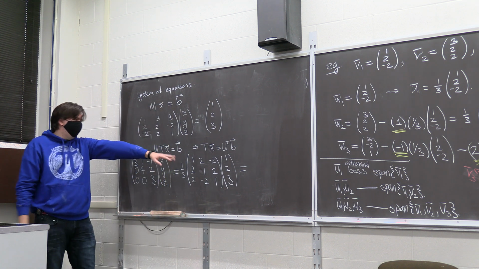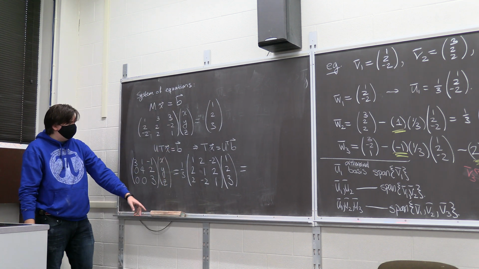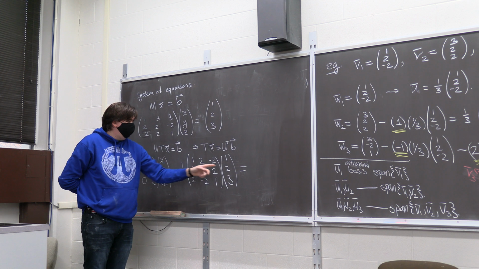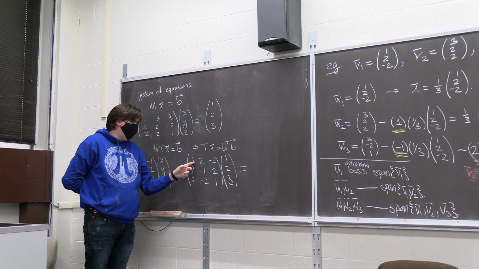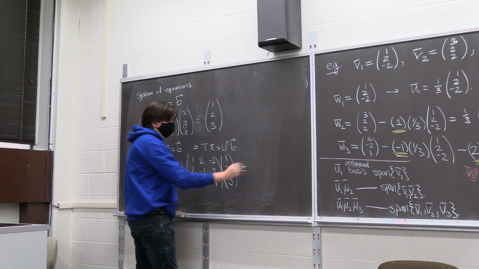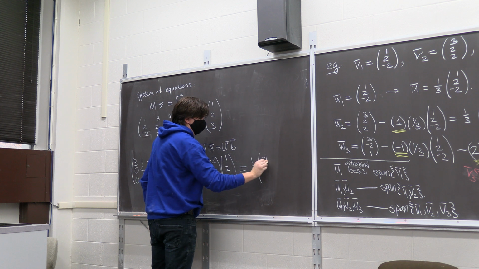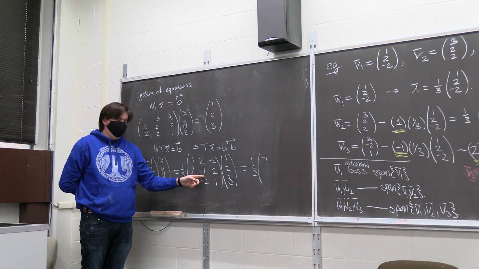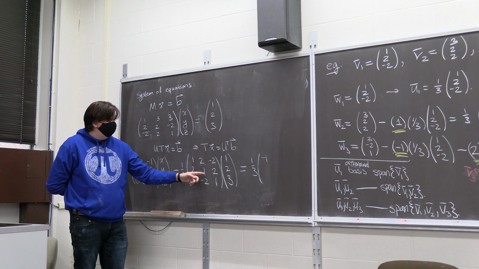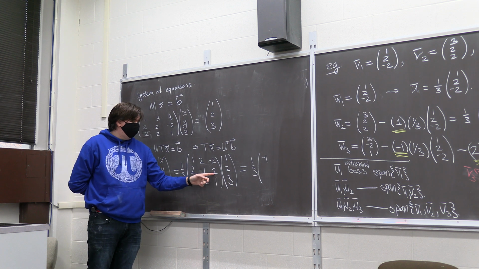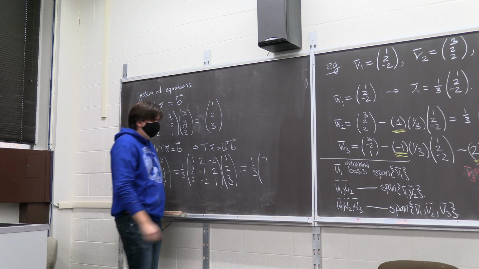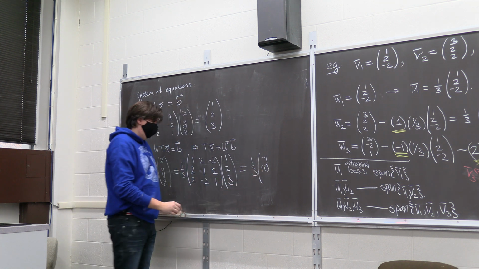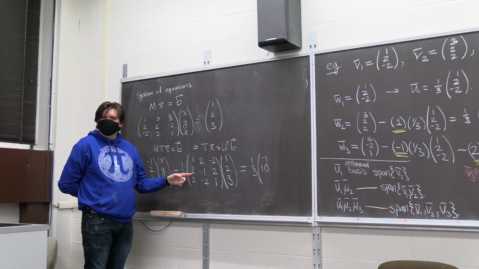Okay, so go ahead and do this out on the right. What do we get? 1, 4, that's 5, minus 6, that's negative 1. Here we have 2, 2, so that's 4. And 6, so that's 10. Am I right so far? Good? What's wrong?